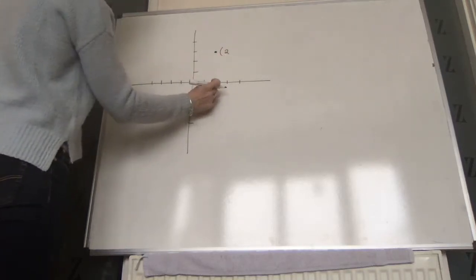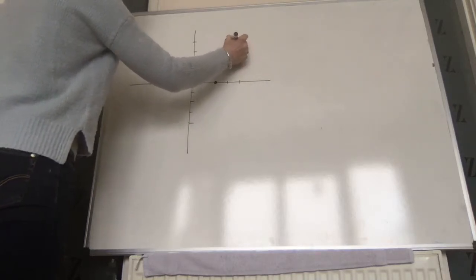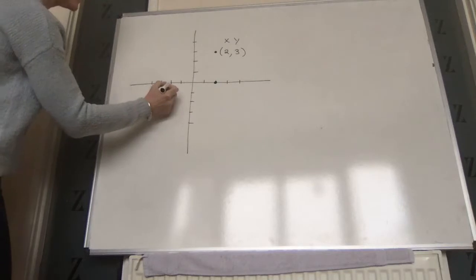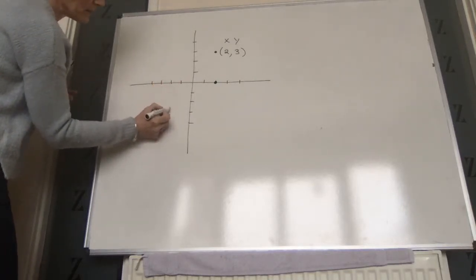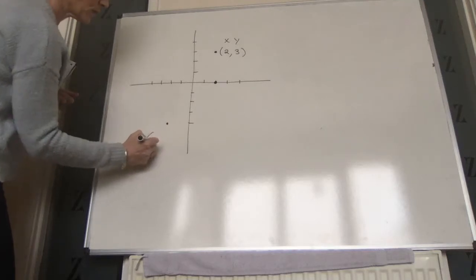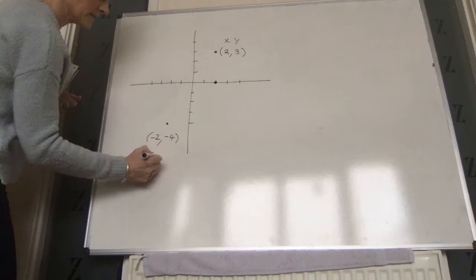Again, x coordinate first, followed by y coordinate. And we had -2, and down -4. X coordinate first, y coordinate second.